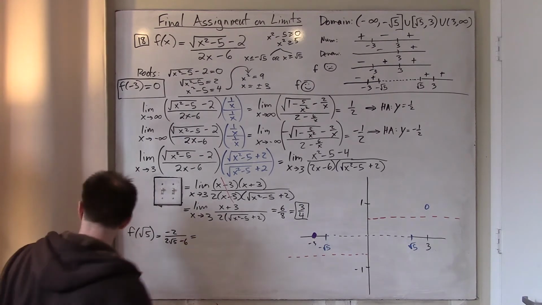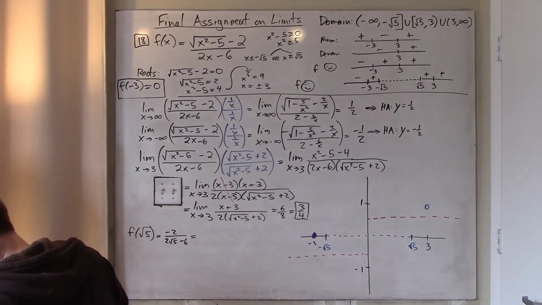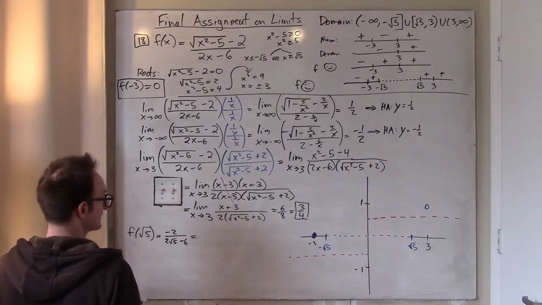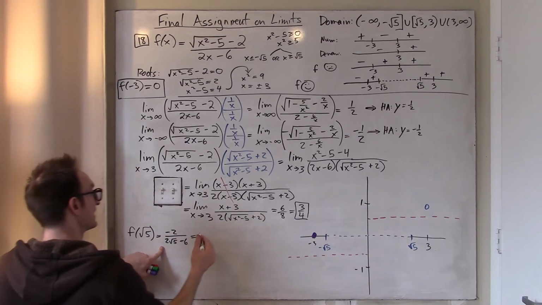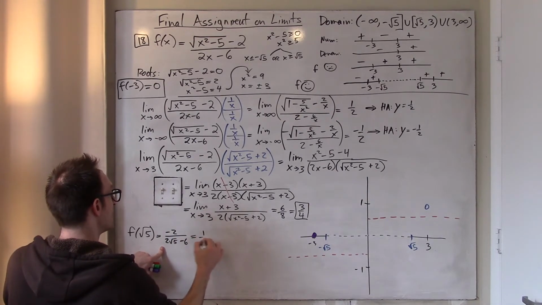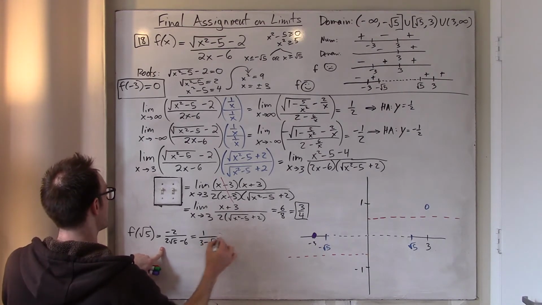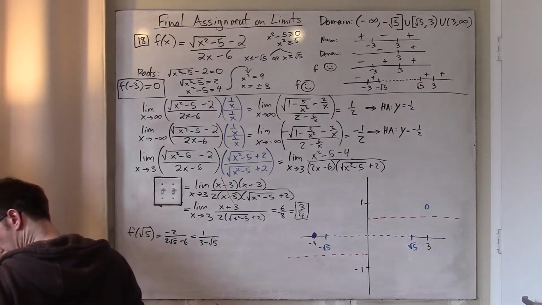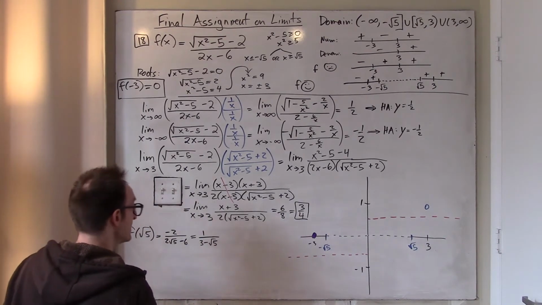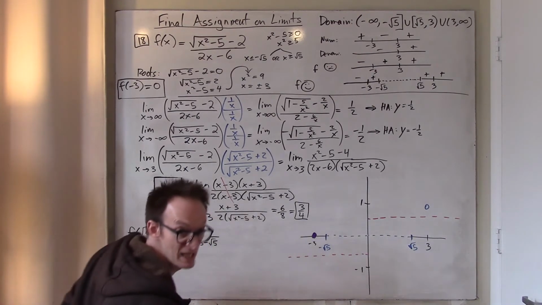So whatever that is, this is what I actually did on my paper. Yeah. So that is, let's see, if I divide the top and bottom by -2, that gives me 1 over 3 minus root 5.